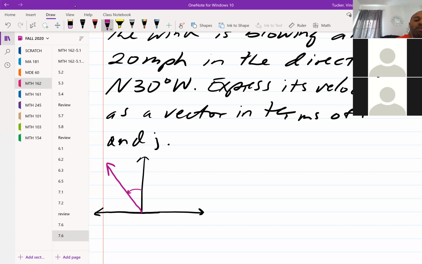So this right here is going to be 30. Talking about northwest, and we're talking about theta, which actually starts from your positive x-axis. So that means theta goes from here to the northwest of 30 degrees. So theta is actually going to be 90 degrees plus 30 degrees, which is 120 degrees.